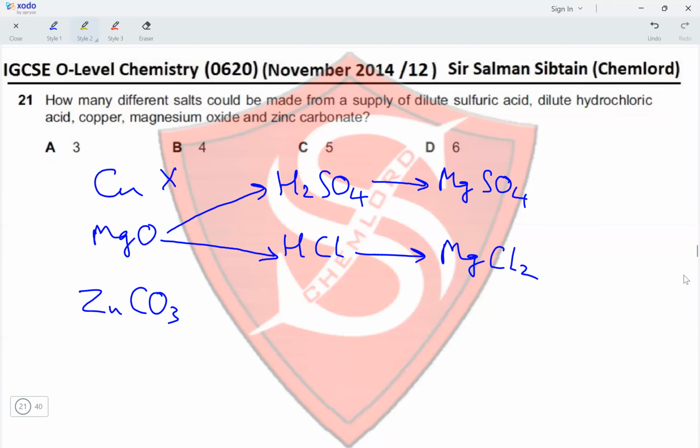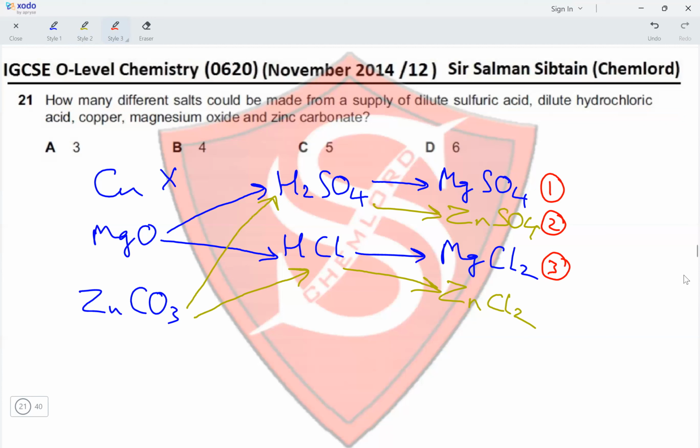Zinc carbonate will react with sulfuric acid to produce zinc sulfate, and zinc carbonate will react with HCl to produce zinc chloride. So in total, 1, 2, 3, and 4 possible salts can form. So this makes option B the correct option for this question.